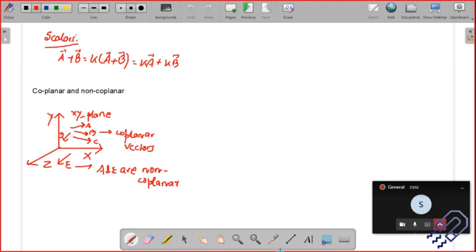Next is something you already know about: unit vectors, and then probably we'll do some sums on unit vectors today. A unit vector means that the total magnitude is 1. In general, when we represent a vector, this length I really don't know, but it will be in terms of the unit vector.